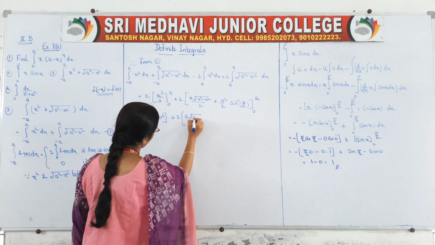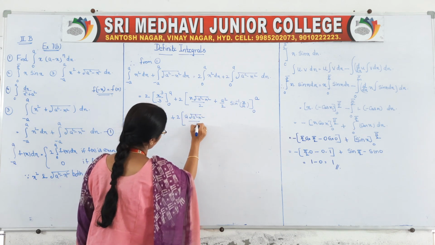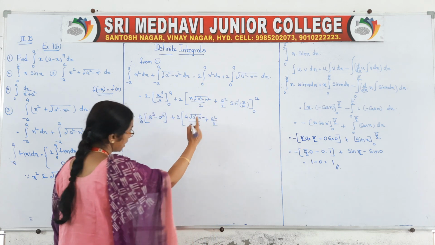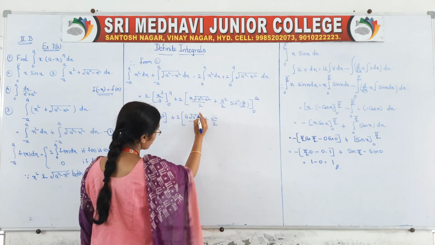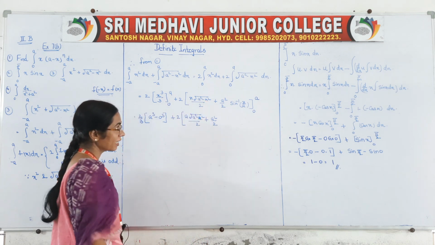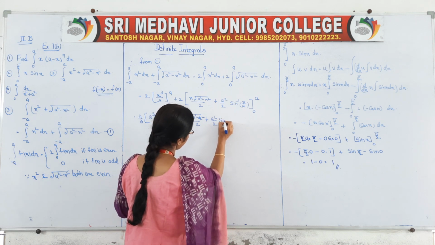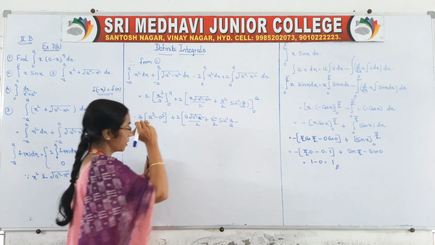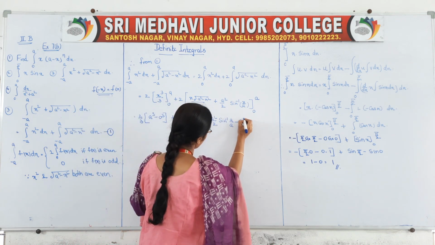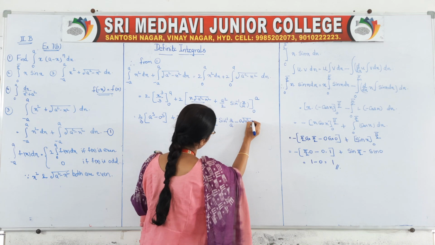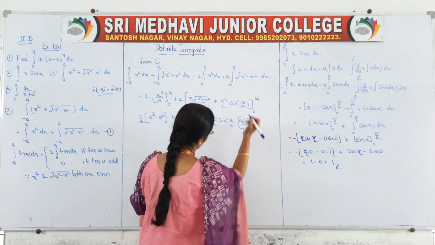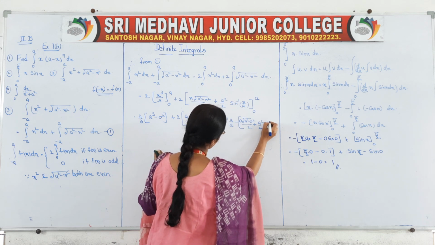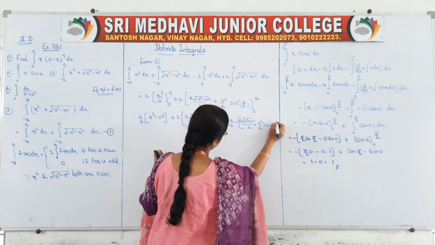A into root of a square minus x square by 2 plus a square by 2, wherever x is there, we take a, so we get a square and sine inverse a by a, minus, in x place we now take 0: 0 into root of a square minus 0 square by 2, plus a square by 2 sine inverse 0 by a.